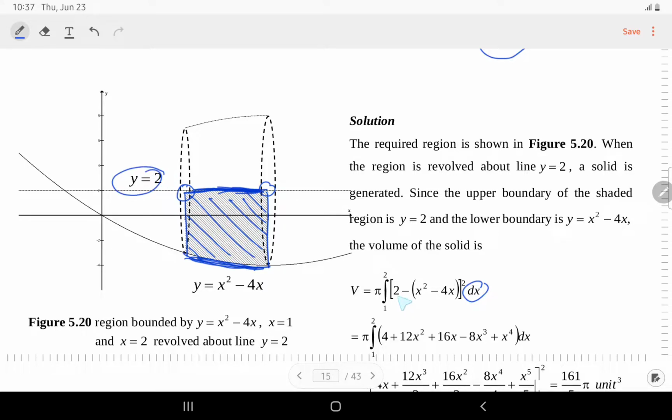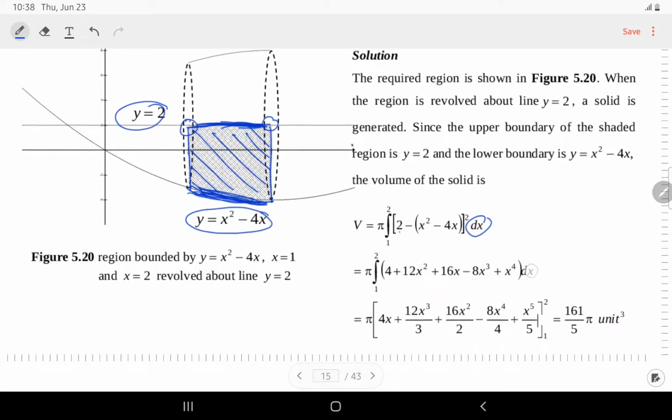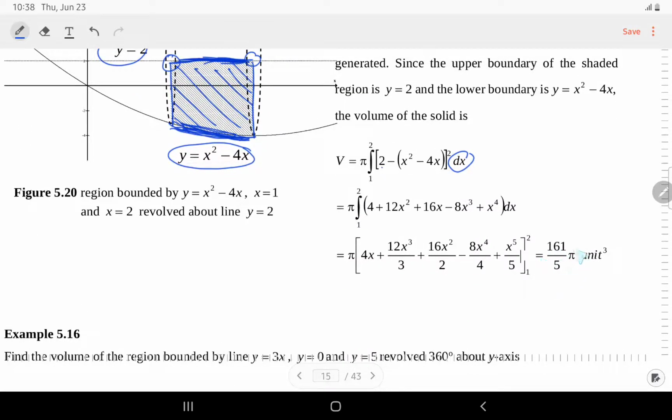So kita masukkan 2 dekat sini. Minus lower boundary. So lower boundary is right here. This is the equation for kita. So kita insert x square minus 4x. Okay. And then ini akan jadi 2 minus x square plus 4x. Squarekan dia jadi macam ni and then integrate. So this is the final answer.